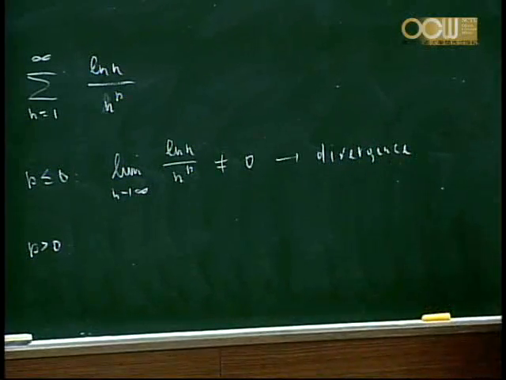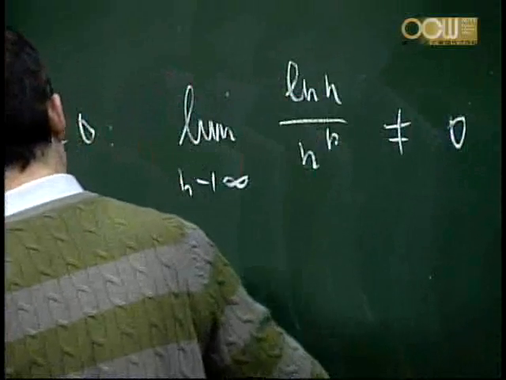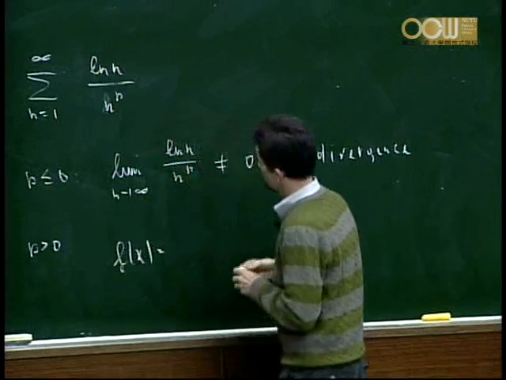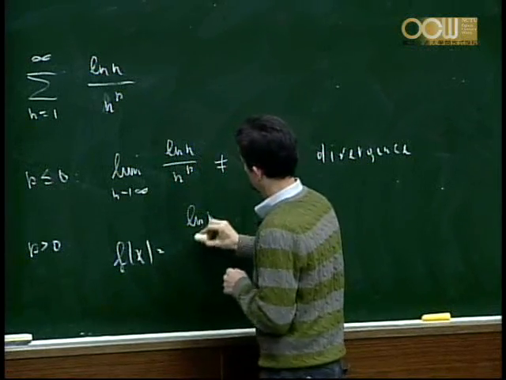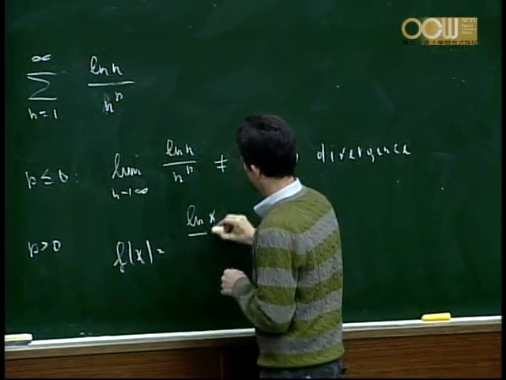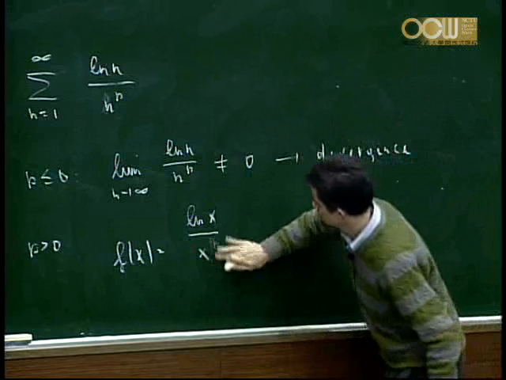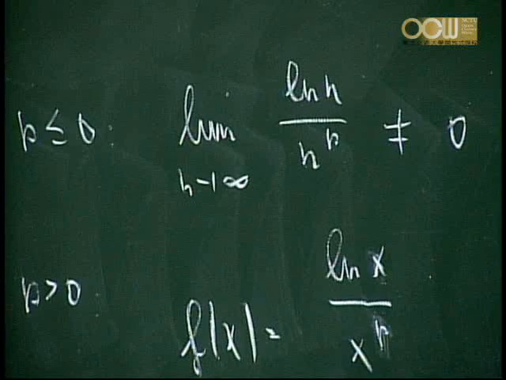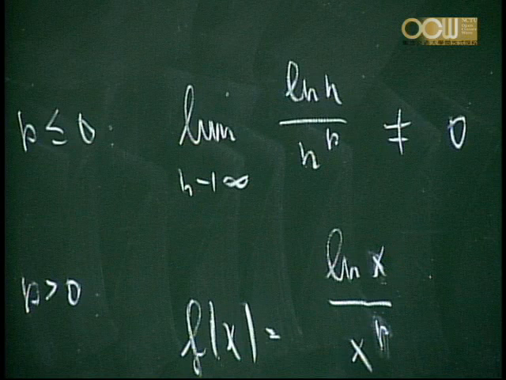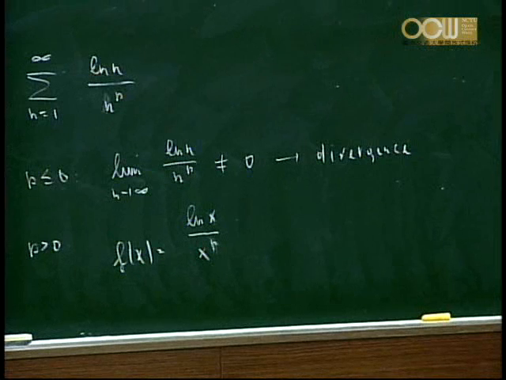Now, what is left is p is larger than 0. For p larger than 0, you will define a function f(x) = ln x over x to the p. And you notice that what you have to check first is whether this function is really decreasing, at least starting from some large value x on.